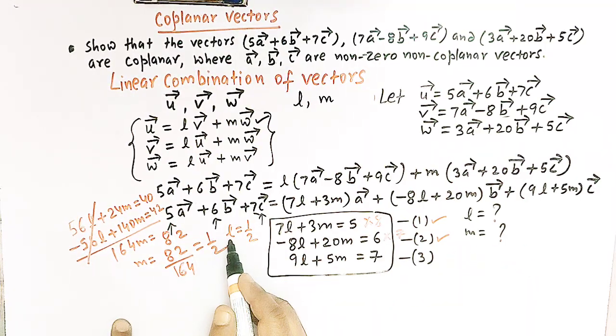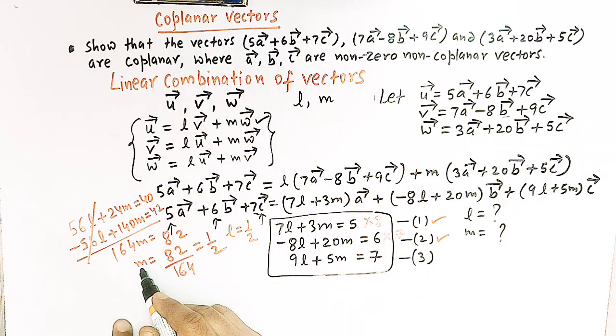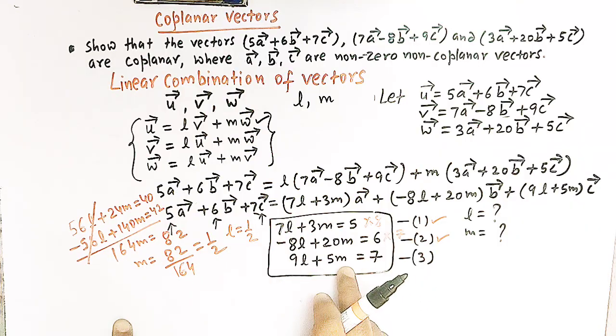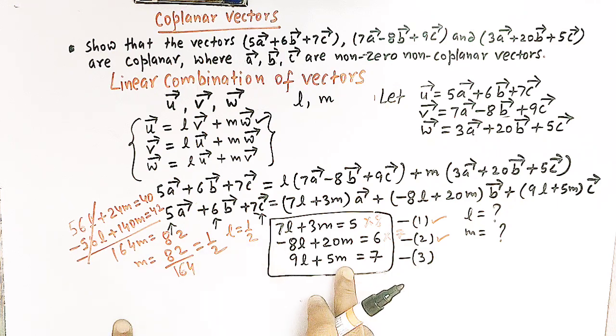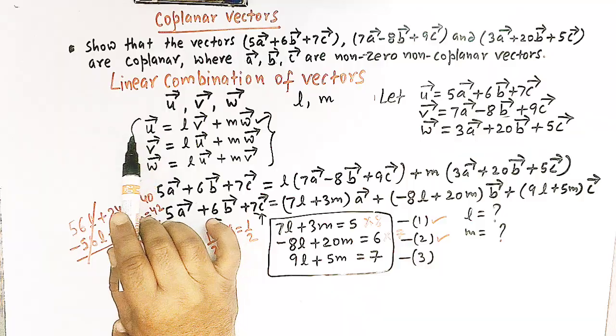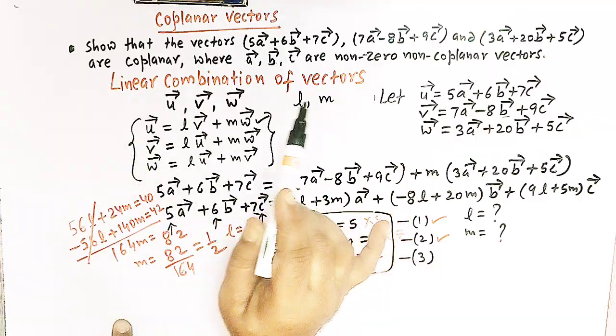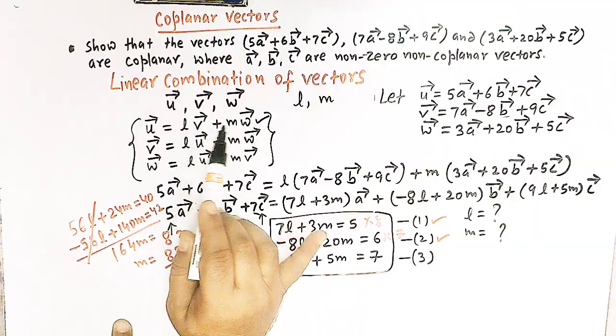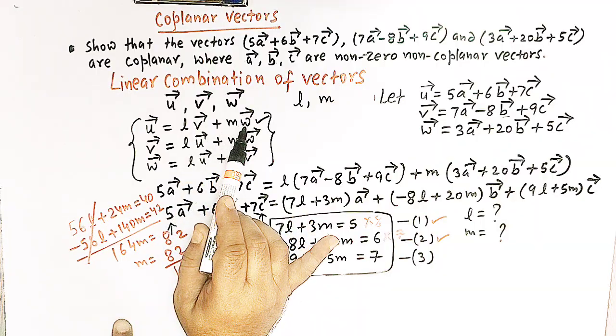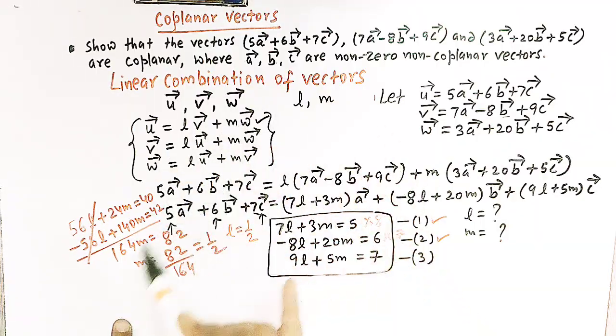So now let us see whether the values of M and L satisfy equation 3. And if these two values satisfy equation 3, then we can say that the vector u can be expressed as a linear combination of these two vectors, vector v and vector w, and the three vectors are coplanar vectors, right?